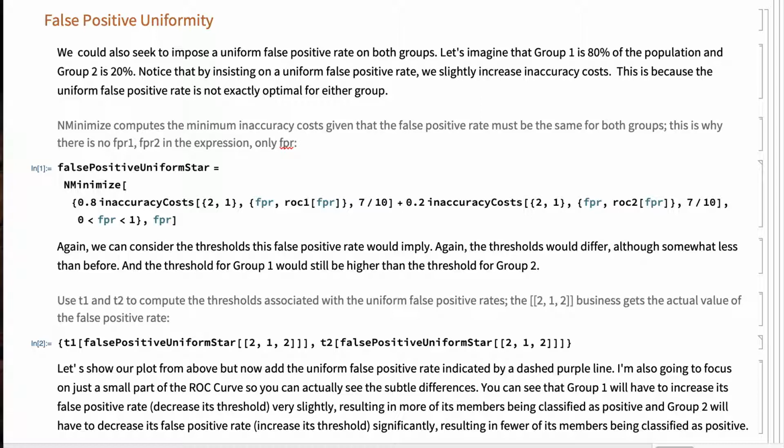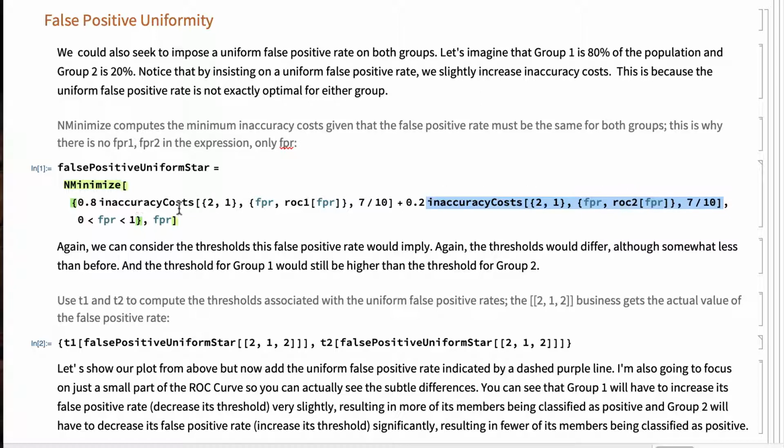So let's actually see what happens in that scenario. Here are our total inaccuracy costs: 80%, because we have 80% in the majority group, times their inaccuracy costs using their ROC curve, plus 20% of the inaccuracy costs of the second group, which we're going to compute using their ROC curve. So it's a weighted average.